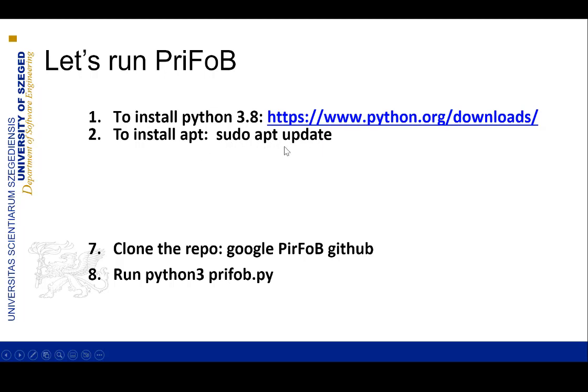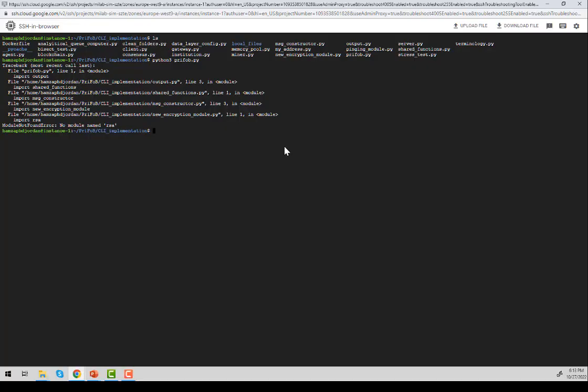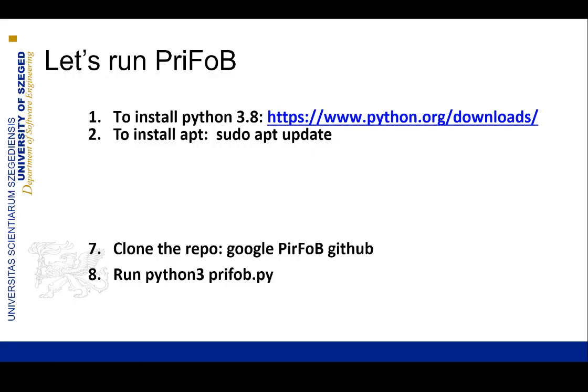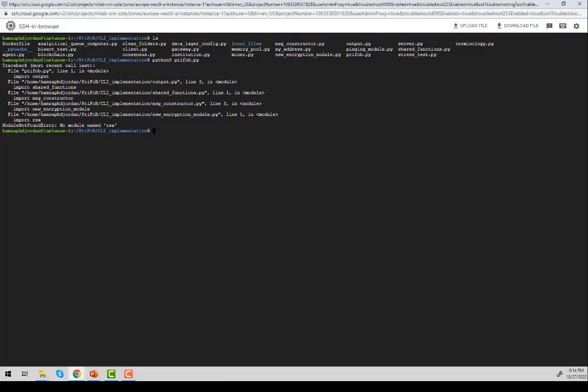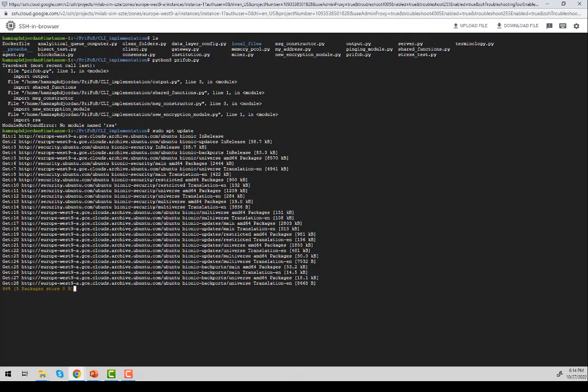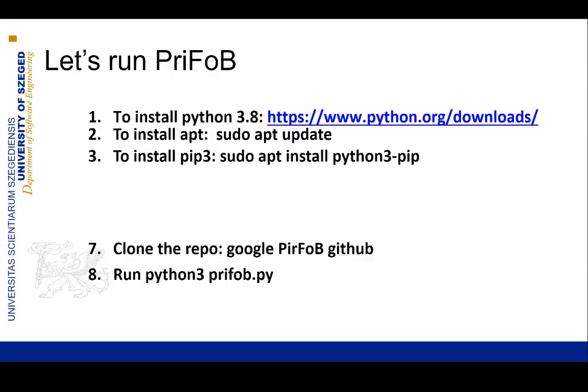I'm going to go ahead and update apt. The command for that is sudo apt update. This is for Ubuntu, of course. All right, and it's done. I will clear the screen, and for pip3 we also need to use it in order to download RSA.